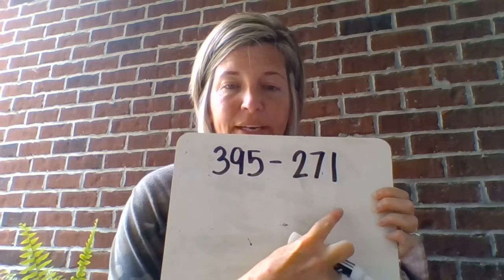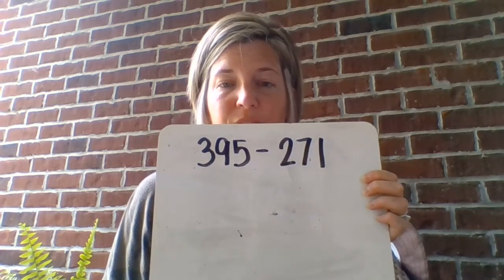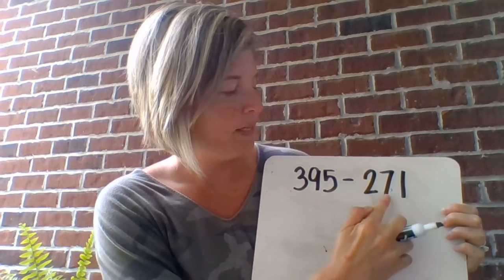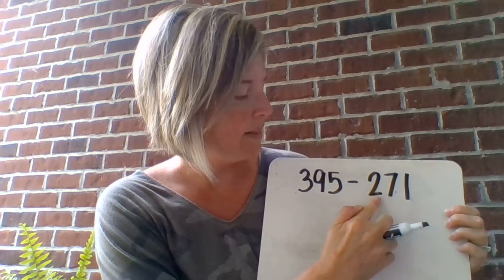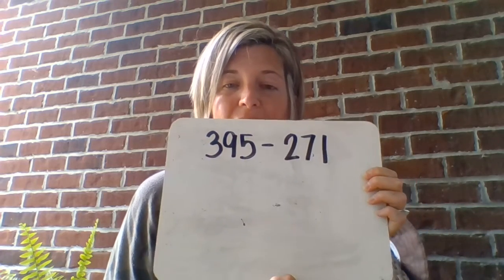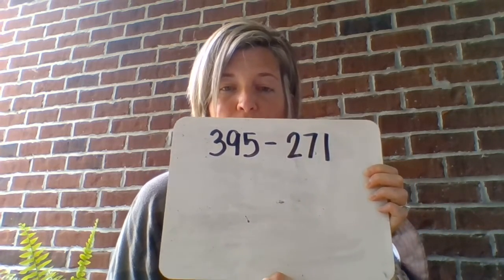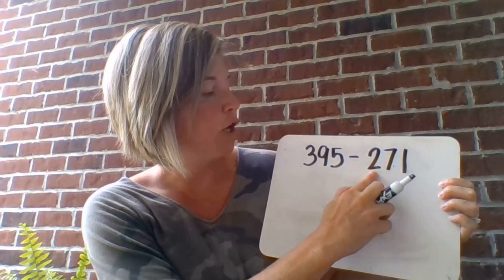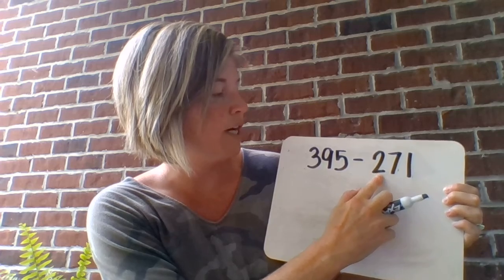395 minus 271. Both of these numbers have 3 digits. We have the ones place, the tens place, and the hundreds place. When we line these up, we have to make sure our larger number goes on top. So I'm going to find the largest place here, the hundreds place.